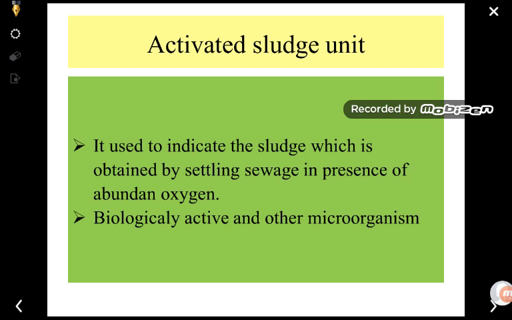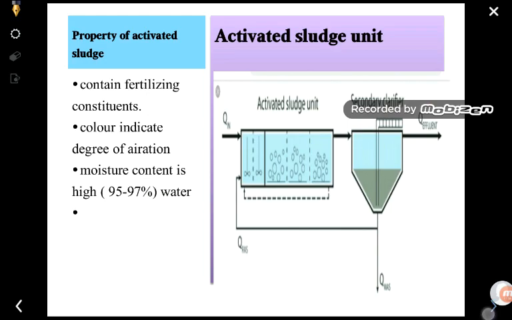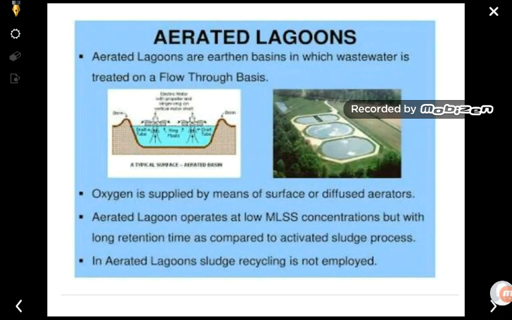We have seen what the activated sludge unit is and how it works. Now coming to the topic of aerated lagoons. Aerated lagoons are earthen basins in which wastewater is treated on a flow-through basis.